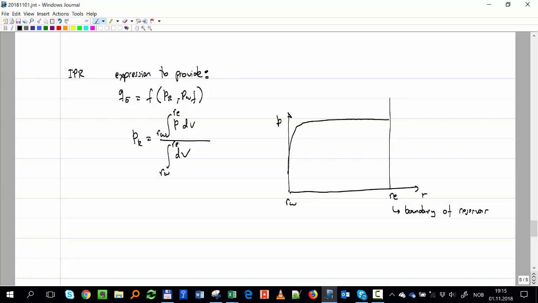We are going to take a shortcut here. You can go to the full equation and try to integrate, because we want to find first an expression of that reservoir pressure.